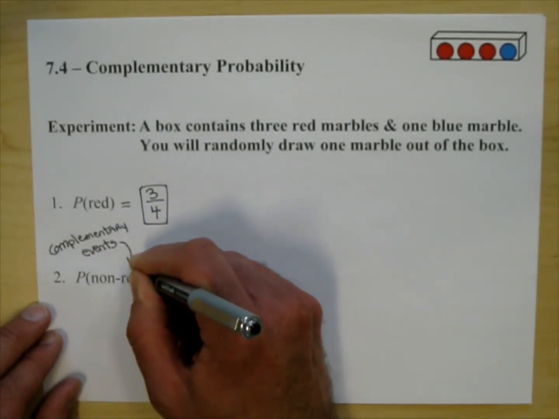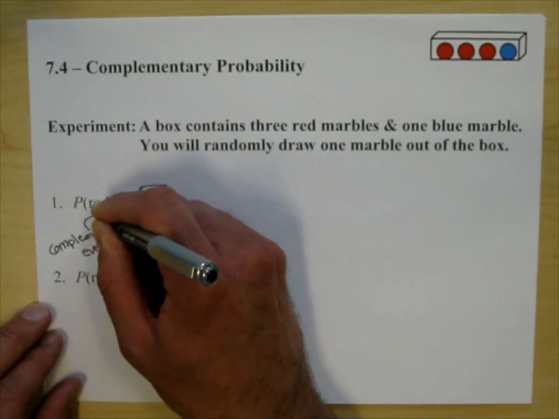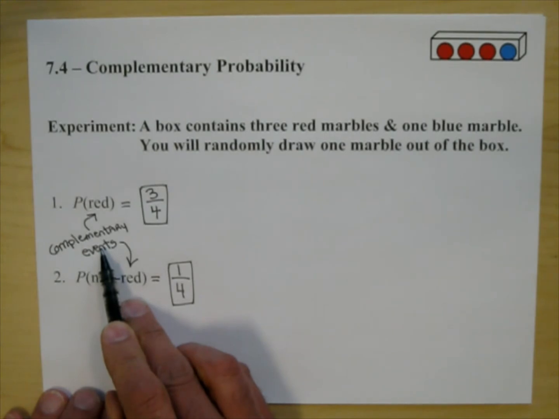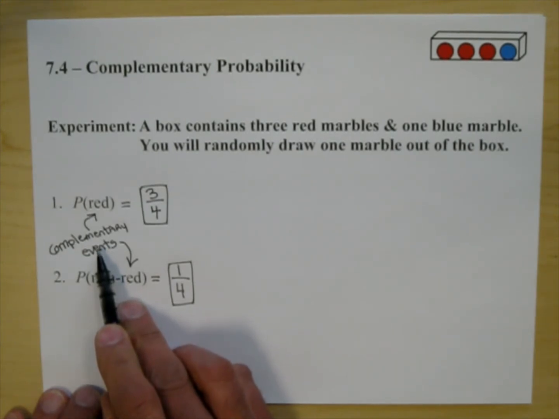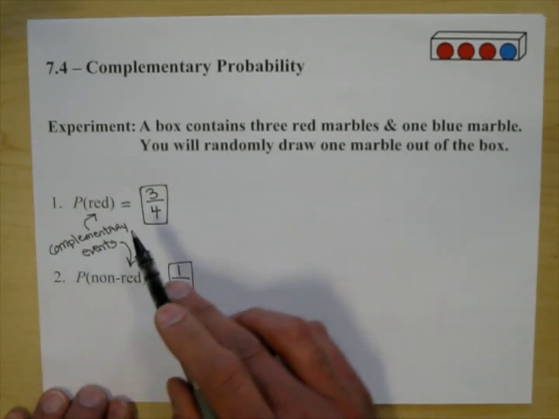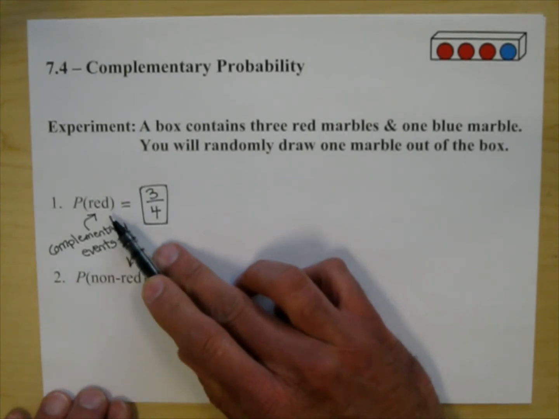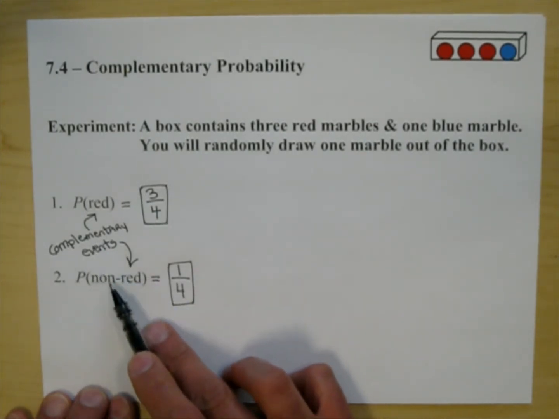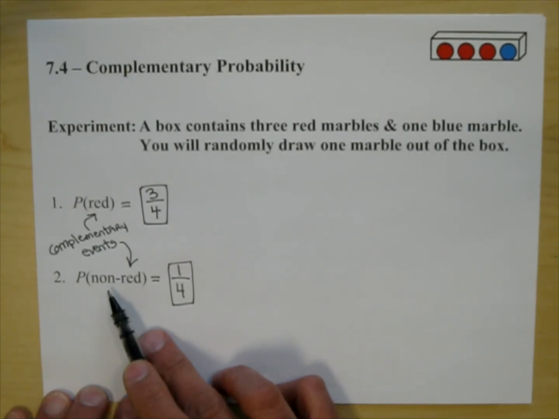We heard the word complement before in set theory, the complement of a set, which we can also say is sort of the negation. You pull out a red, and here's the negation: you do not pull out a red. Okay, so those are complementary events.